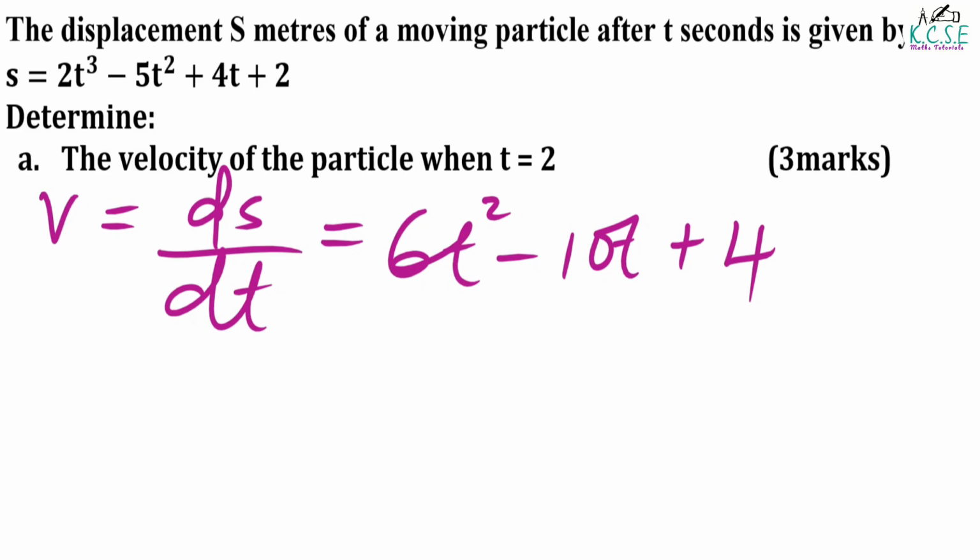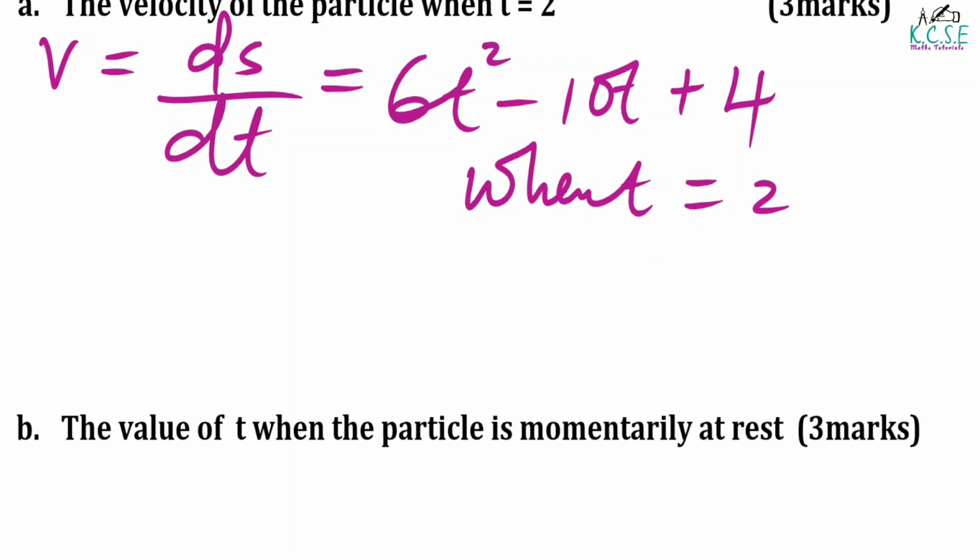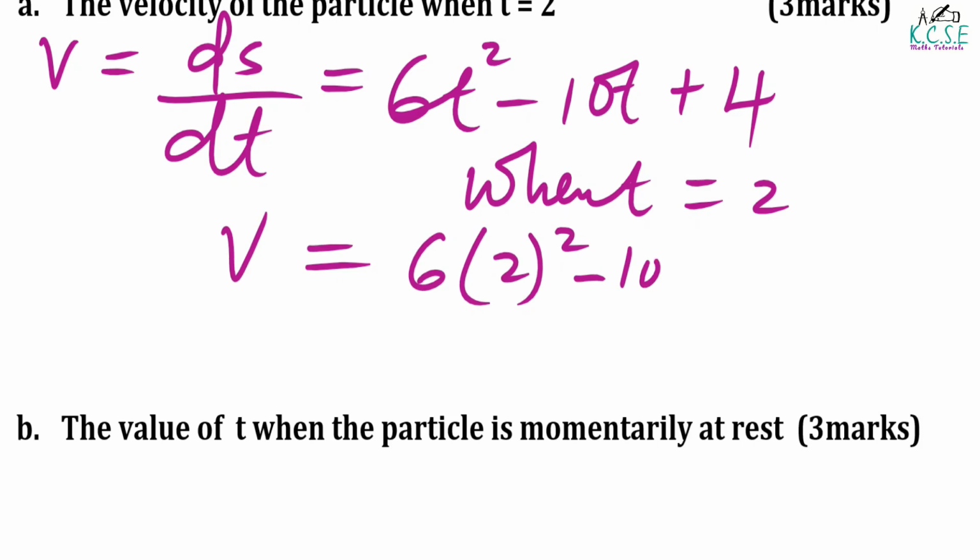So that is the expression for velocity. So velocity when t is equal to 2: what you're going to do here is just substitute t with 2. So velocity is 6 times 2 squared minus 10 times 2 plus 4.